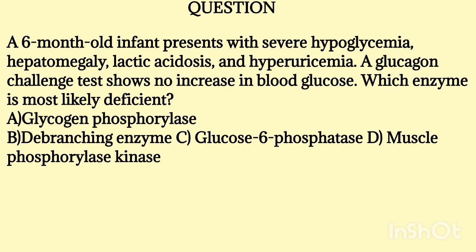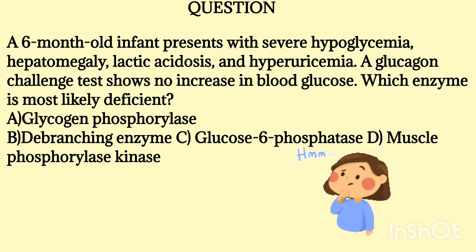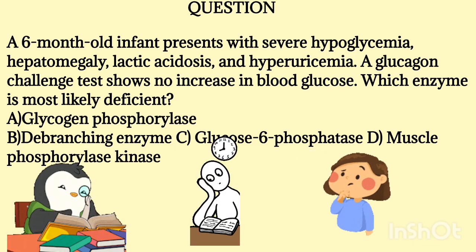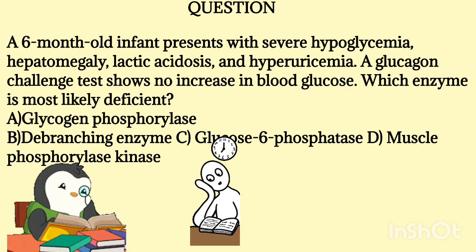Which enzyme is most likely deficient? Is it glycogen phosphorylase? Is it the branching enzyme? Is it glucose 6 phosphatase? Or muscle phosphorylase kinase? Take your time to do your research and check from what I've taught so far. What do you think the answer should be to this question?